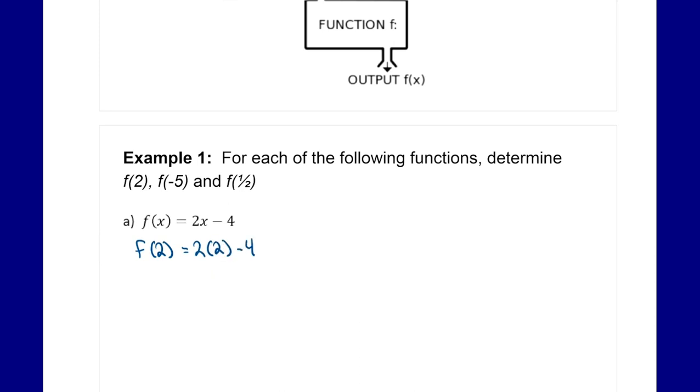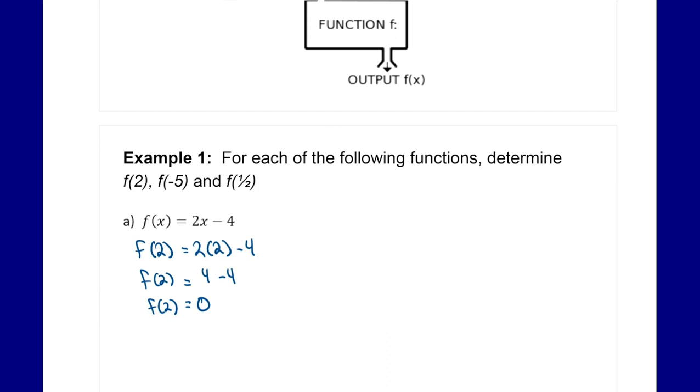All we're doing is substituting the value in for x. We get 4 minus 4, or 0. So that means f at 2 equals 0. Now, a common thing is we do not do anything with this f at 2. We're not trying to get f by itself. We're not trying to solve for f.